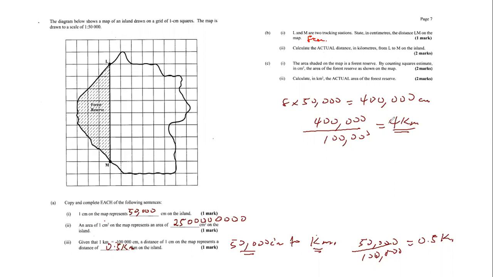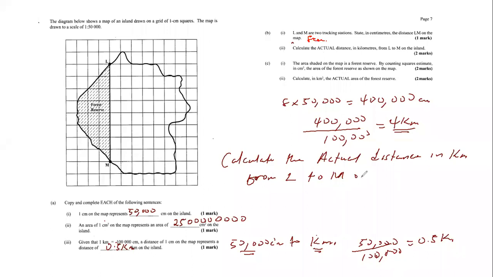Sir, could you write the number for the question beside it, please? Which one? The one that you just did. Oh, you can't see this one. They say, calculate the actual distance in kilometers from L to M on the island.